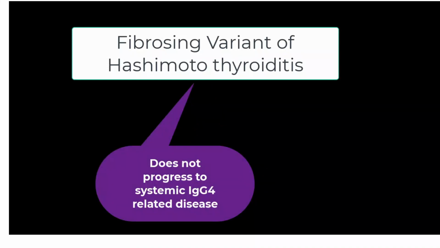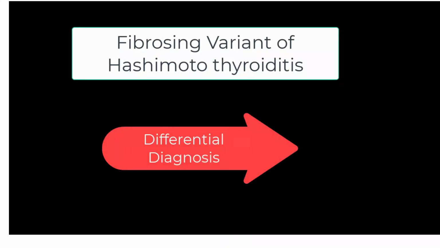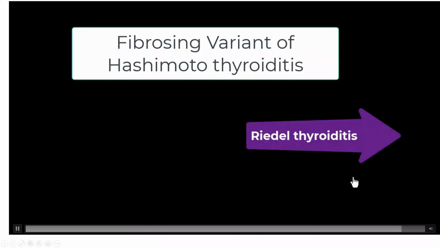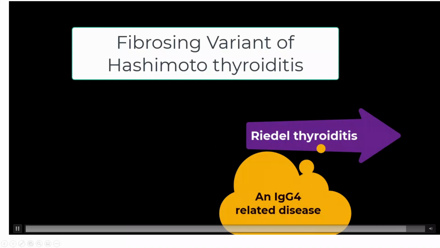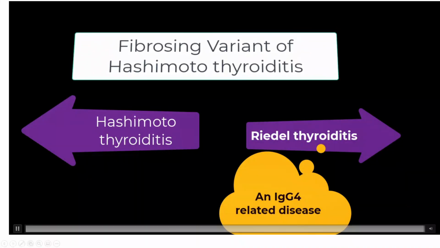One is I've never seen this disease associated with IgG4 related disease, and I've never seen a patient with this morphology and immunohistochemical profile progress to IgG4 related disease. Nevertheless, I hope you'll agree with me that it is a very unique morphological appearance that differs from Riedel's thyroiditis, which is an IgG4 related disease on one hand, and Hashimoto's thyroiditis, which is a completely different morphological appearance, a very, very pretty entity, fibrosing variant of Hashimoto's thyroiditis.